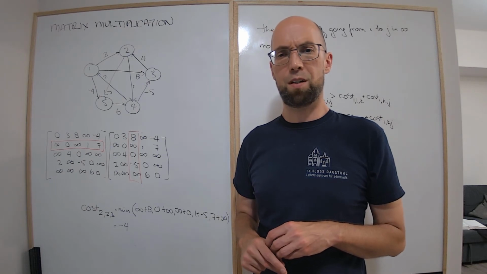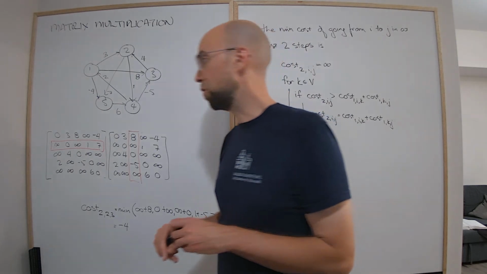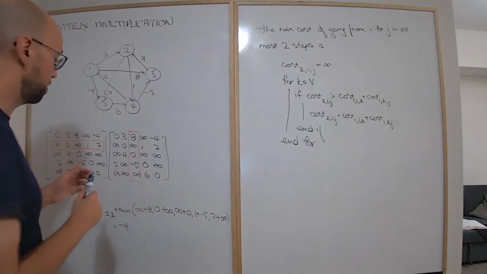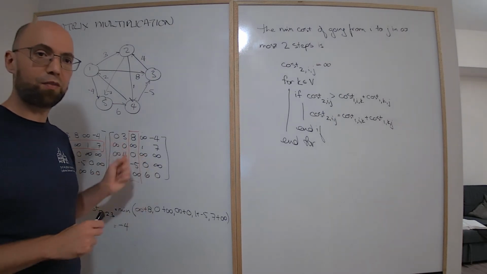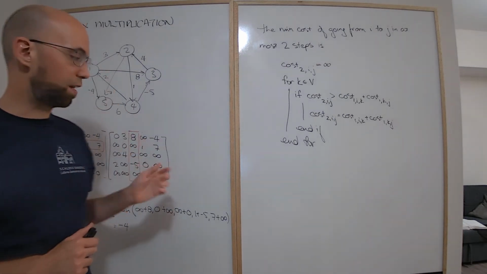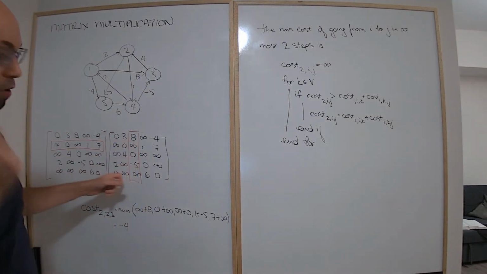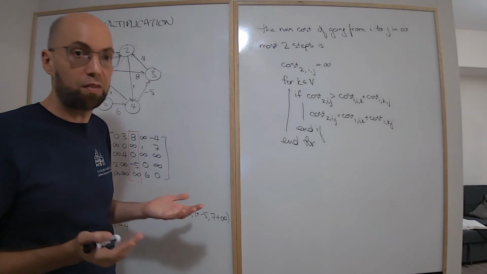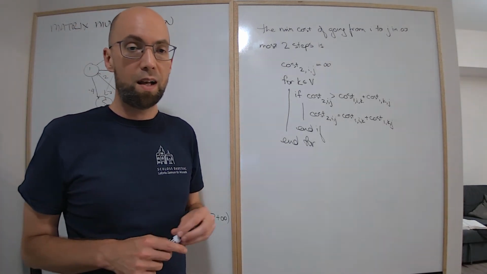But I'm not going to go into that in my remaining 2 minutes. So if you do this, this gives you the distance at most 2, and that's going to take cubic time, for the same reason that naive matrix multiplication takes cubic time.